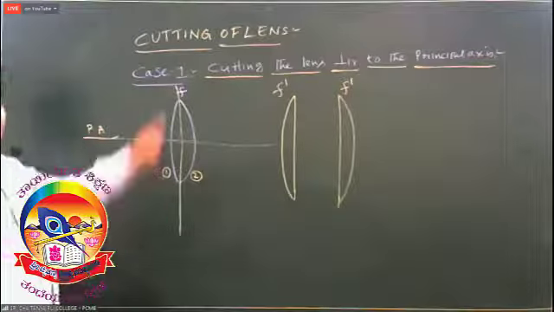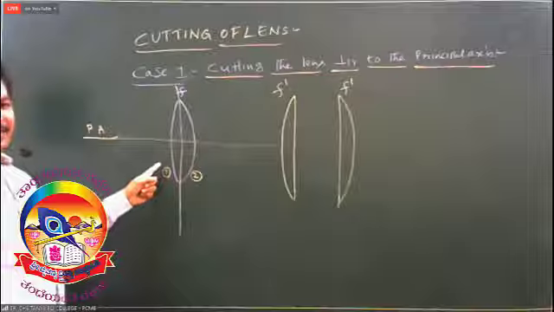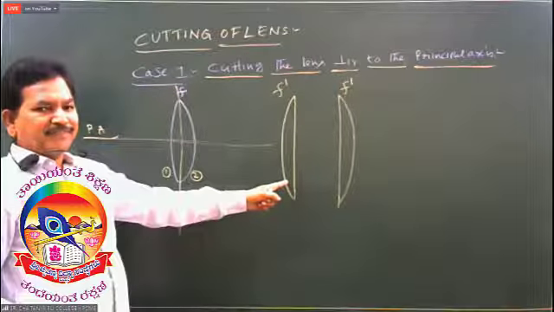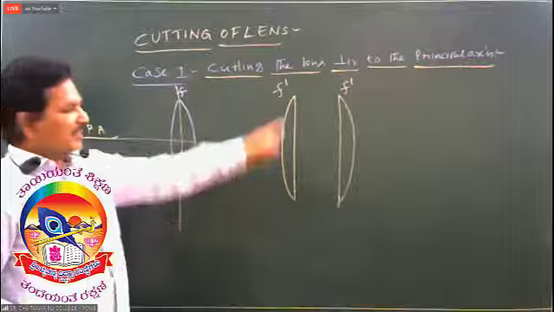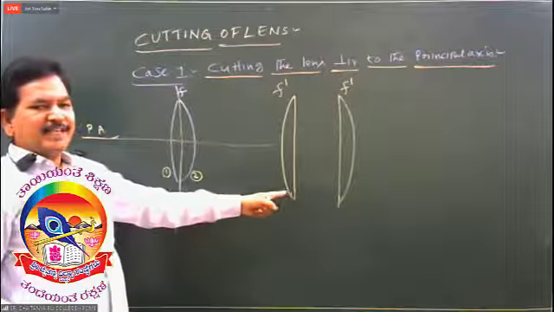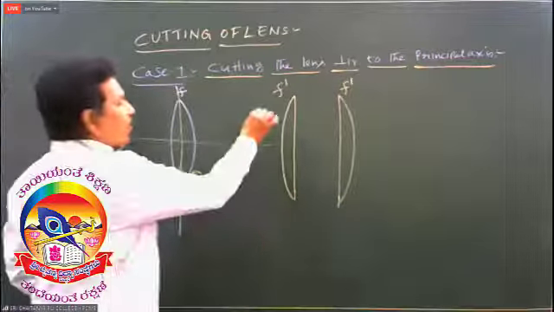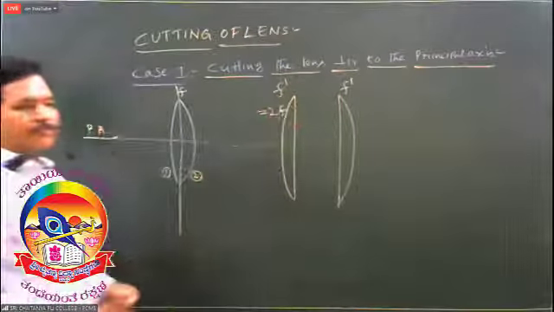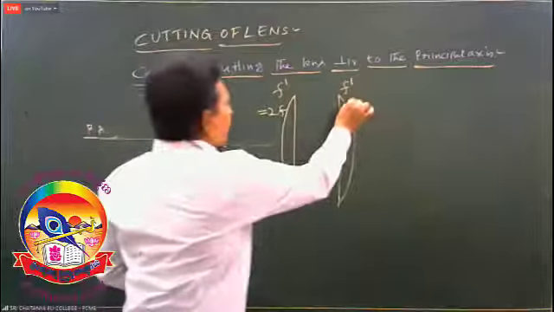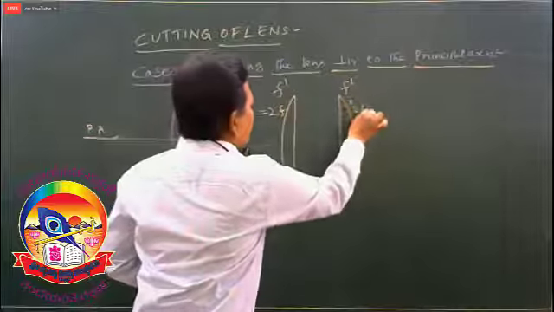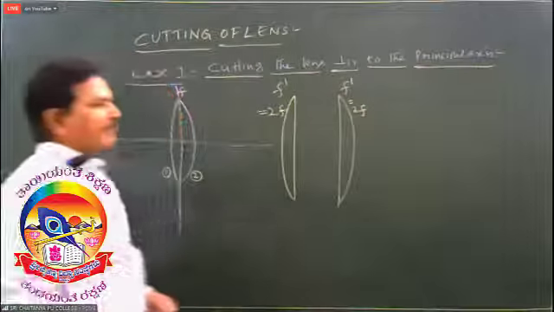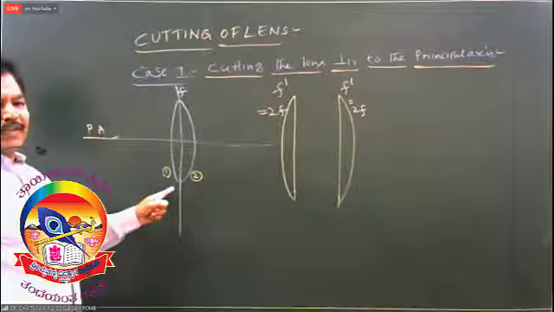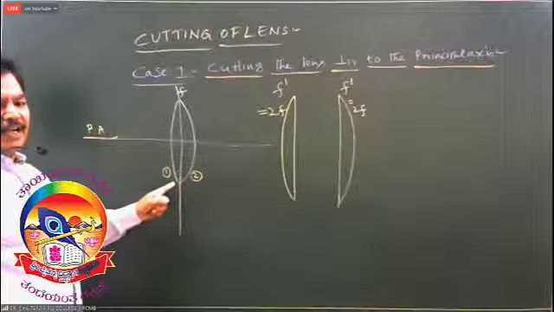Initially, two radii of curvature. After dividing, only one radius of curvature. The other surface is flat, a plane surface. Now, the focal length becomes 2f. Here also, the focal length becomes 2f. Because previously, there were two radii of curvature for a given convex lens.